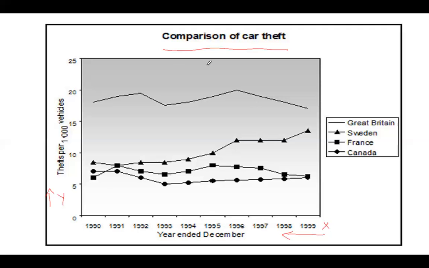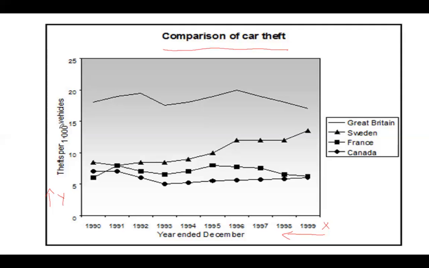Okay, so you need to look at the title. Basically, look at what the data is about. What is it telling you? What does it represent? So this is a comparison of car theft. The x-axis shows us the years, from 1990 to 1999.